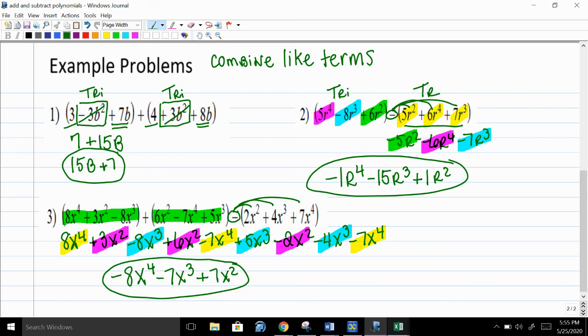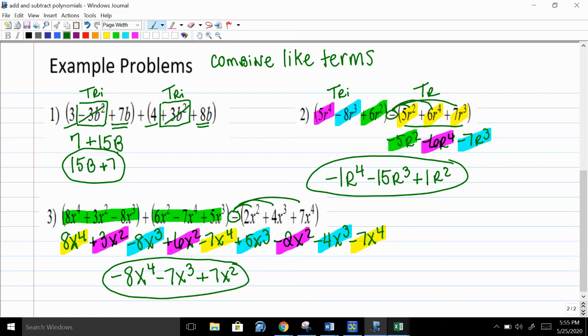Okay, the one thing I want you to be careful of, because we just got done talking about properties of exponents with multiplying and power of a power, power of a product, and the quotient property and all that stuff. This is different. We're combining like terms. When you add things, you're collecting things. The exponents are not going to change. So if you're adding an r to the fourth with another r to the fourth, you're just collecting more r to the fourths.